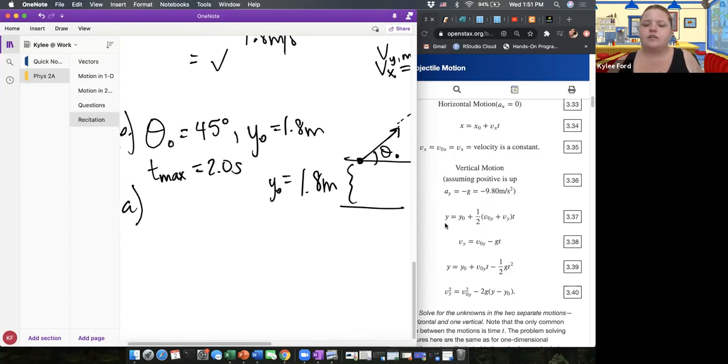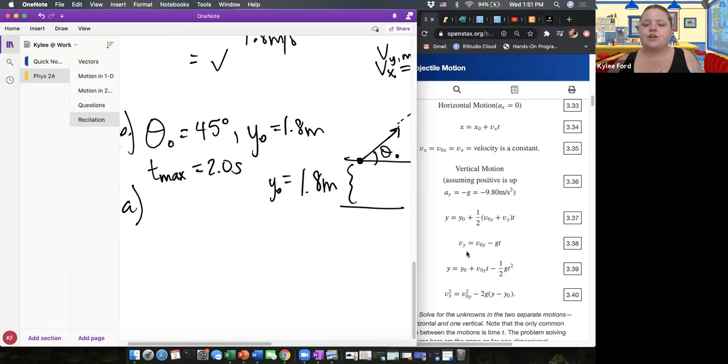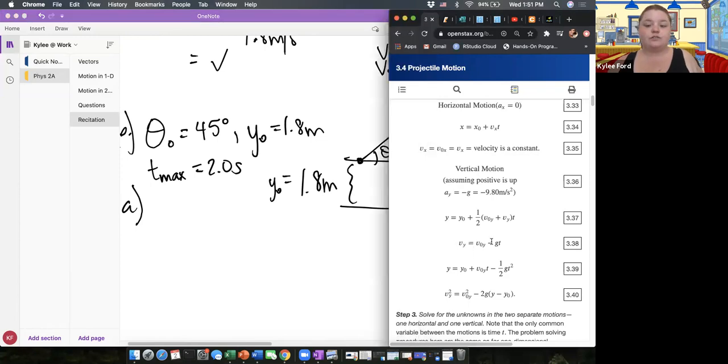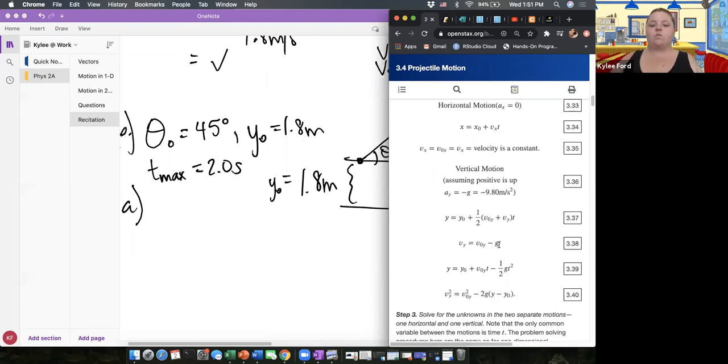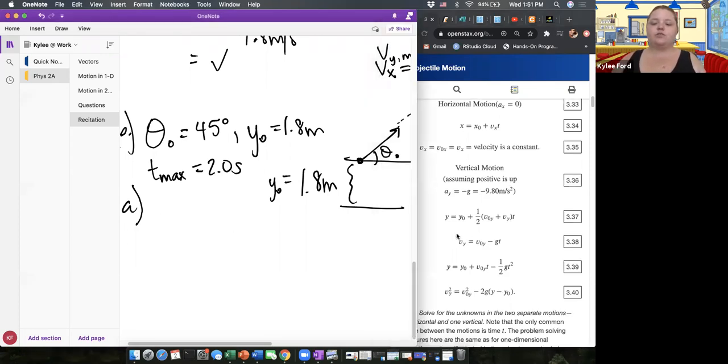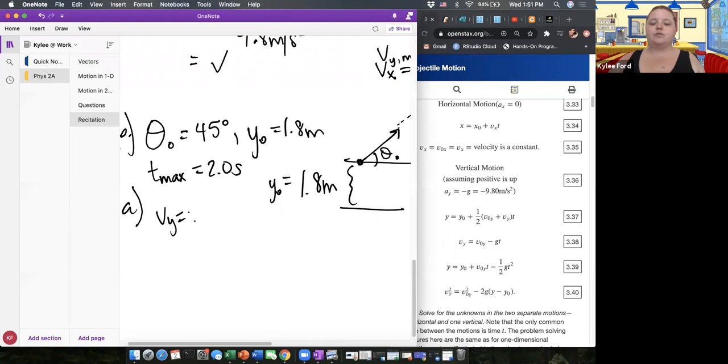So we have our V Y, which is going to be 0. We want to know our V naught Y, so our initial velocity in our Y direction. We have G and we have T. So let's use this equation here. Vy equals V naught Y minus GT.